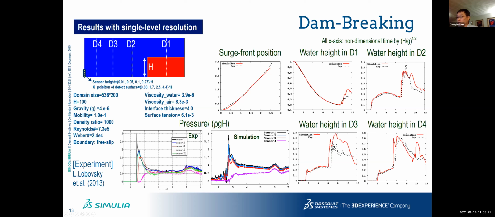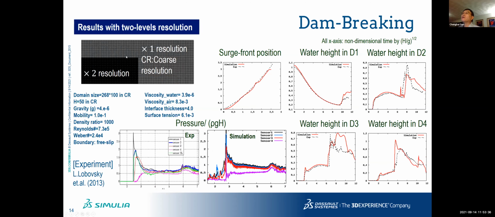This is the experimental pressure at these 4 locations, and here is our simulated pressure. We have also simulated the same problem with the same setup, but with a refined region here.